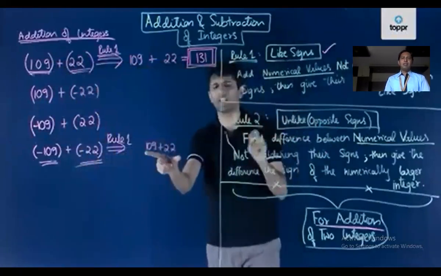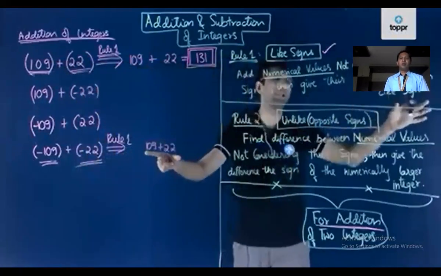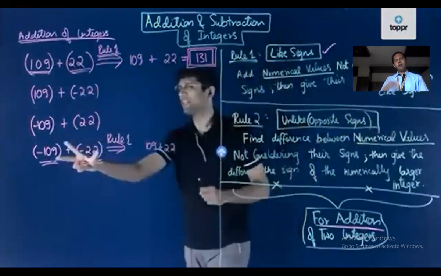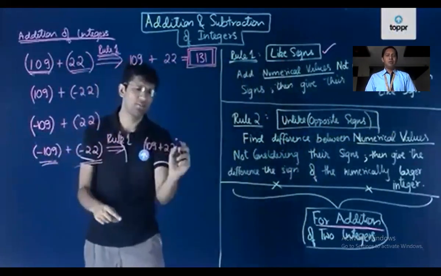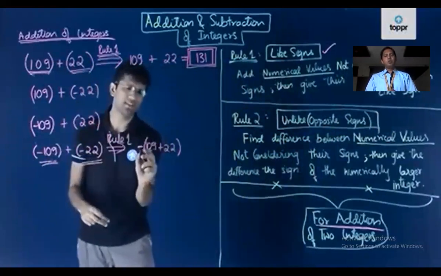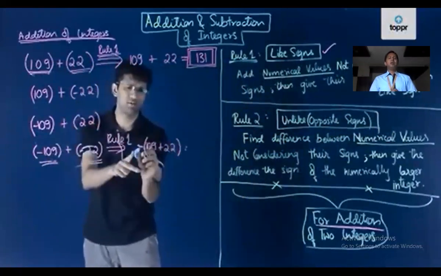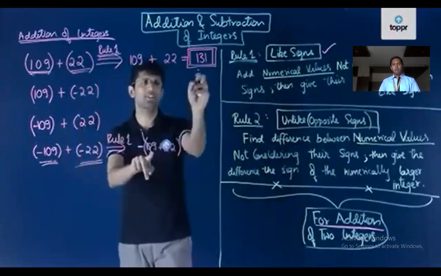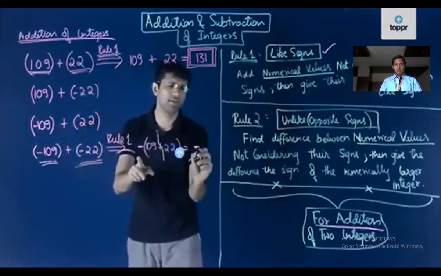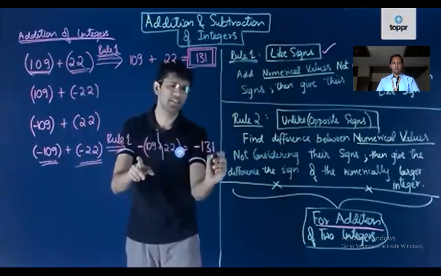We put the sum under the bracket, and outside the bracket we write the negative sign. As we added before, the answer is 131, so it will be 131 with a negative sign.